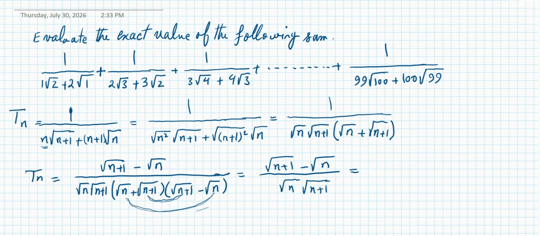And finally, we can write this as two summation terms. One summation term would be the square root of n plus 1 over the denominator, minus the other one, which would be the square root of n over the denominator. Simplifying this, we get 1 over the square root of n plus 1, and n plus 1 for the first term will cancel.